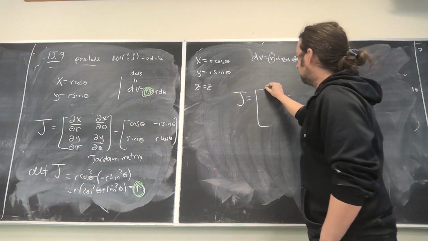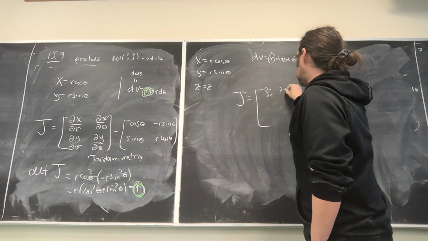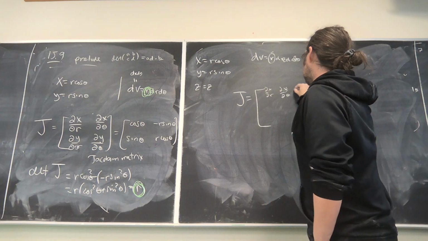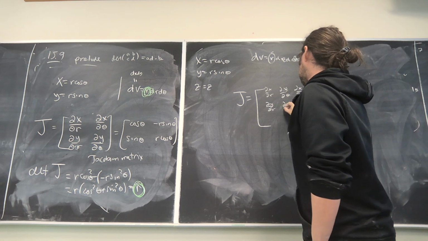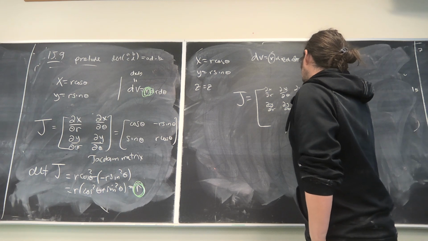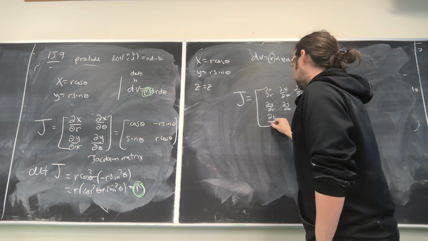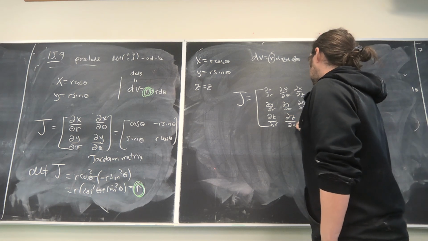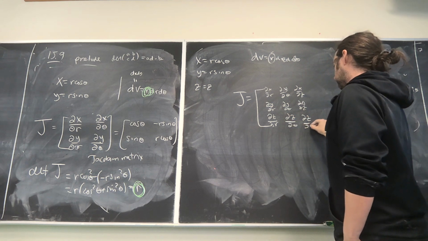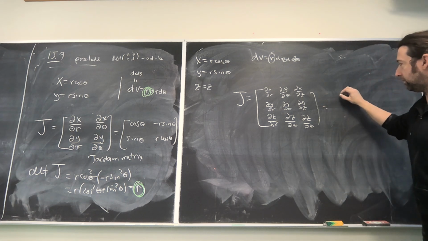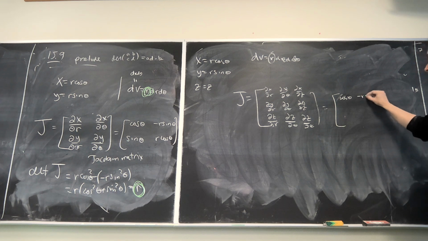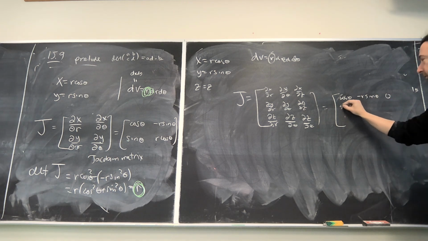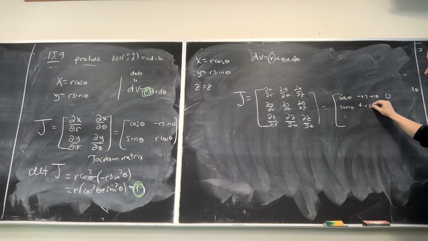So I'm going to have dx/dr, dx/d theta, dx/dz, dy/dr, dy/d theta, dy/dz, and then the easy row, dz/dr, dz/d theta, and dz/dz. You end up with cosine theta, minus r sine theta, 0, sine theta, r cosine theta, 0, 0, 0, 1.